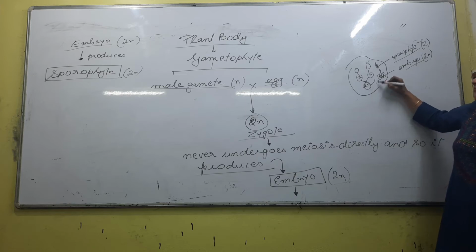A zygote is a single cell. The zygote will undergo mitosis, forms a collection of cells, and from this collection of cells an adult plant develops. The ploidy of that plant is twice n, so we call it a sporophyte.